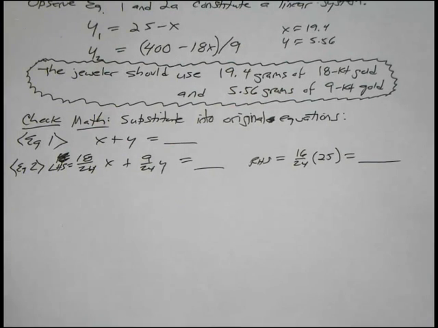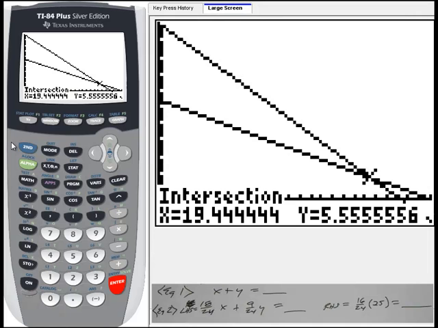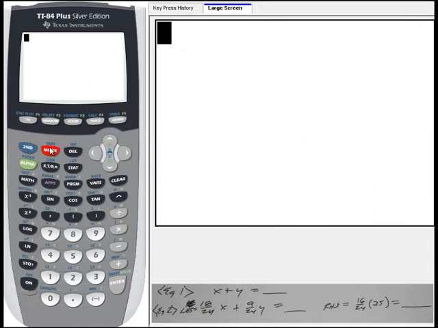Okay, little calculator action. At the calculator we can return to the home screen, and for equation 1 we have its left-hand side, x plus y. Enter. Good, that's the 25 we're looking for.